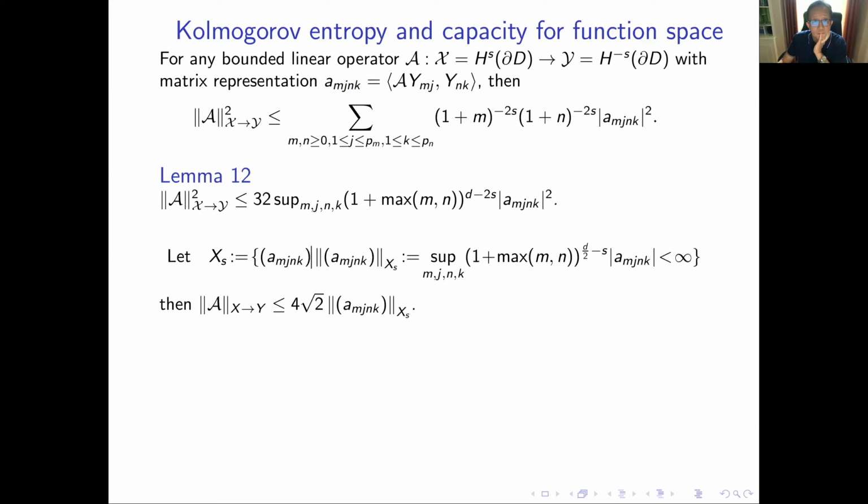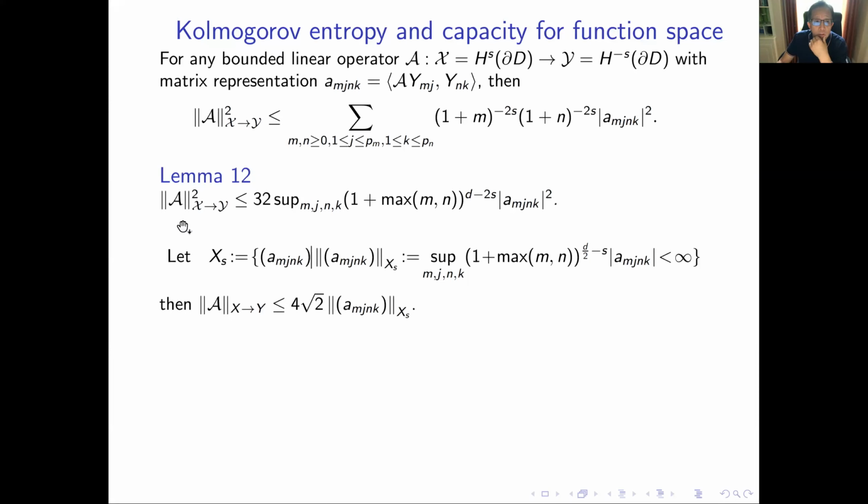Now we need to study how small the measurement space is. So we have to give a good characterization of the set where the measurement stays, or the space where the measurement stays. Remember, we're thinking about this as a mapping from H^s to H^-s.